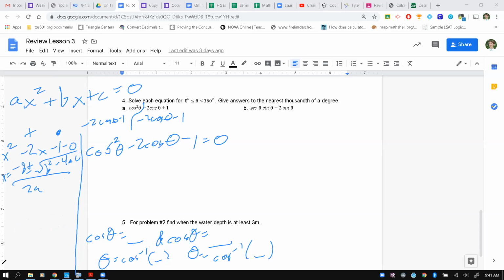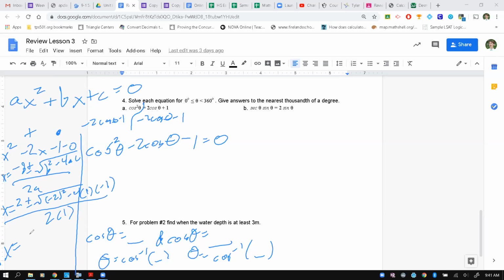All right, so that'll be x is equal to positive 2 plus or minus the square root of negative 2 squared minus 4 times 1 times negative 1, over 2 times 1.